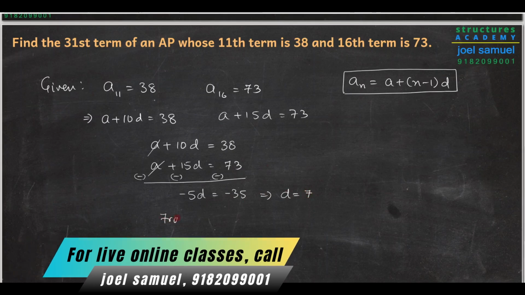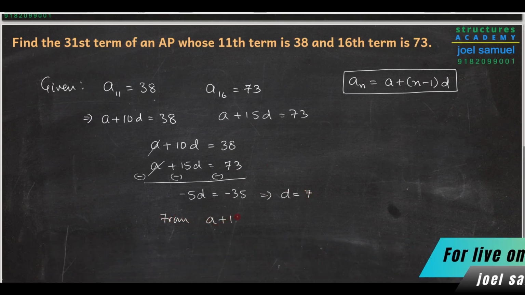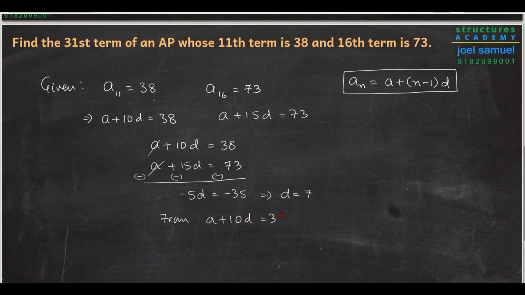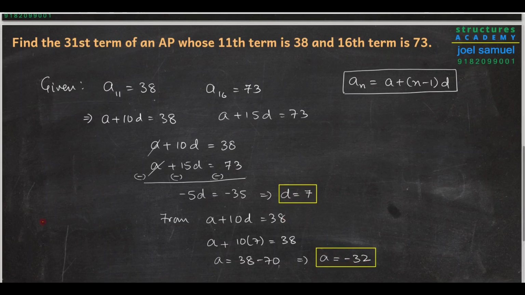And from one of the above equations, A plus 10D is equal to 38, I could write A plus 10 into 7 is equal to 38, which implies A is equal to 38 minus 70, which implies A is equal to negative 32.